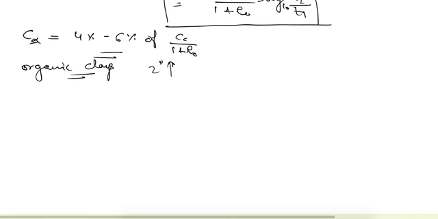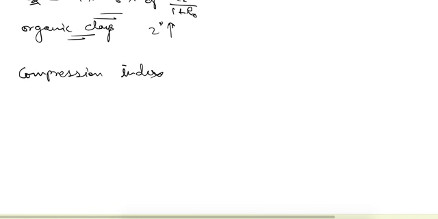And there are some formulae for determination of compression index. Empirical formulae are there. I am just writing two of them here that I think are easier to remember and somewhat important also. The first one is Cc is equal to 0.009 times (WL minus 10).